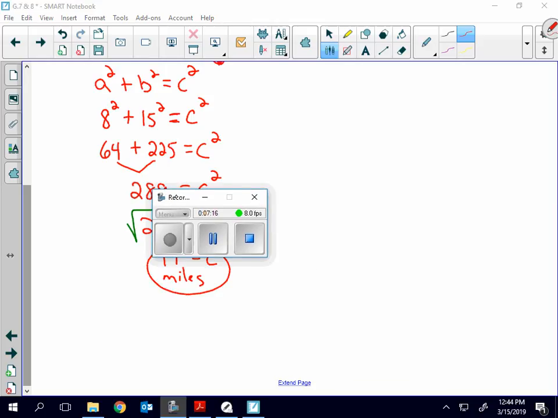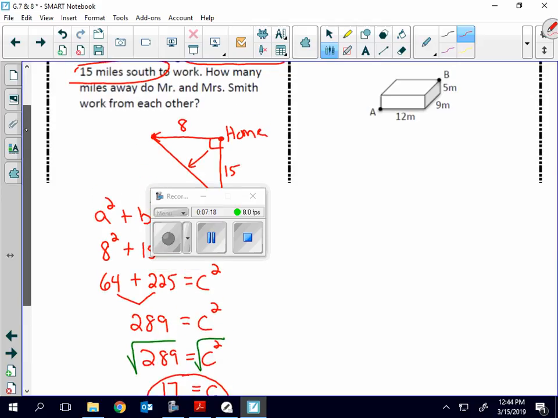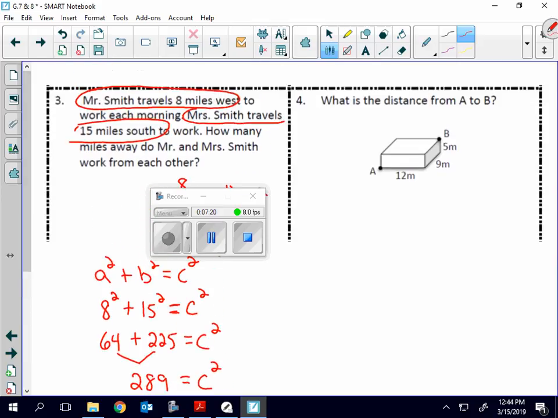All right. Number 4. What is the distance from A to B? All right. A is down here. B is over here, and it's on the top of this rectangular prism.